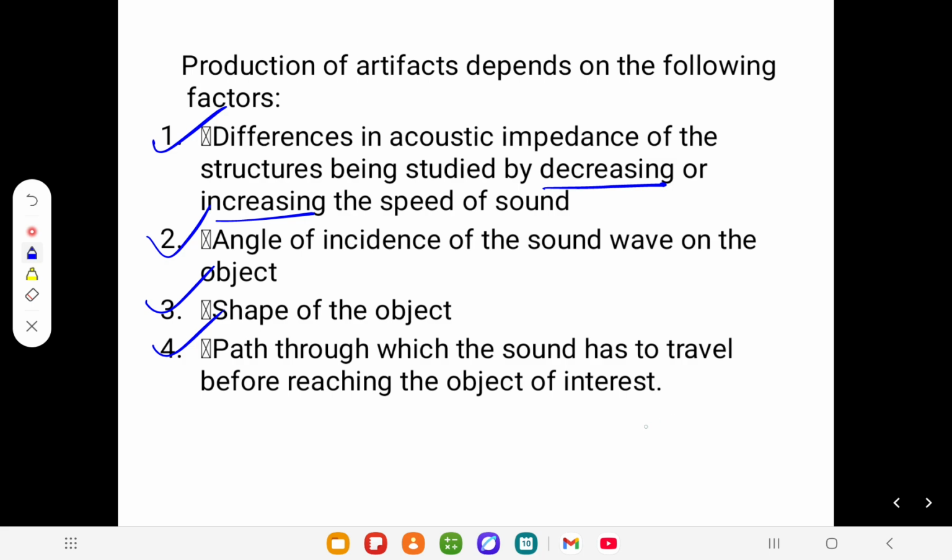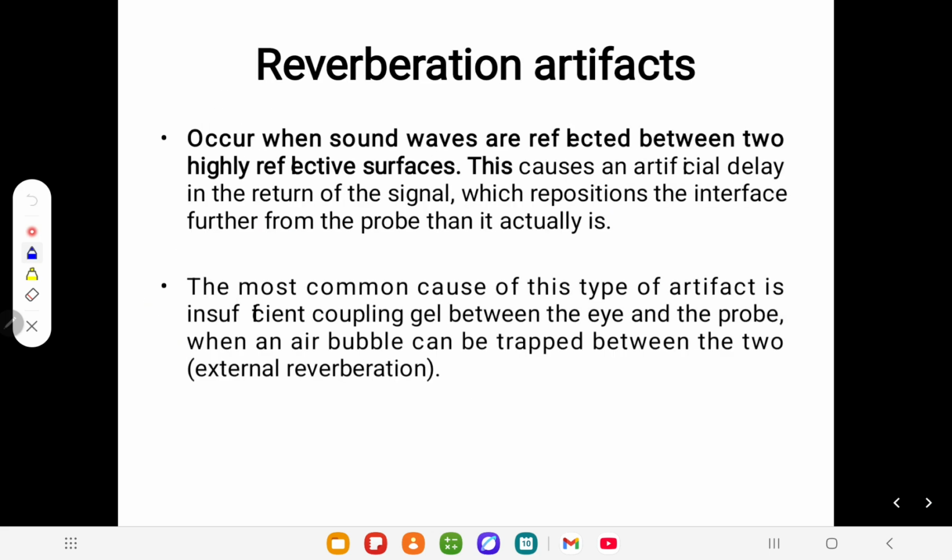For example, if we are interested in the retina, but sound has to pass through an oil bubble or gas bubble, or through a hard PMMA lens with a sharp edge, the sound bends there. It depends upon that. So let's first discuss the reverberation artifacts.